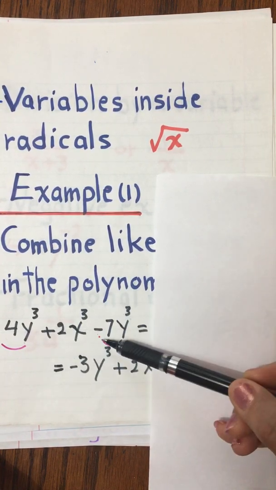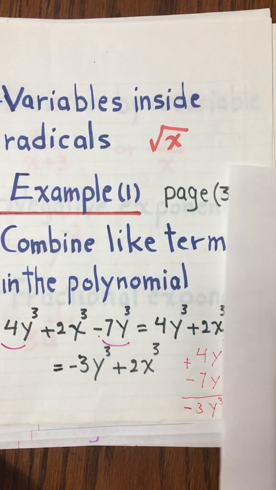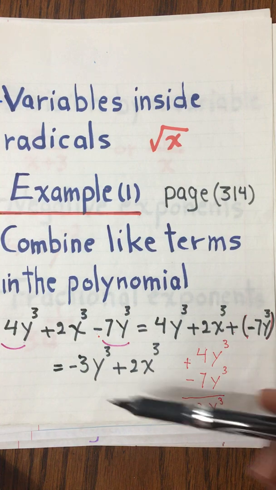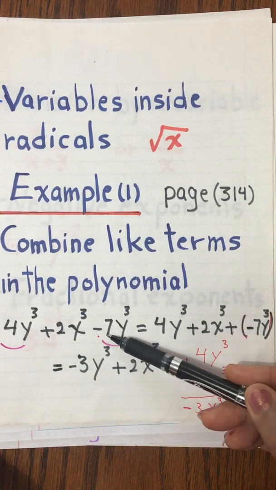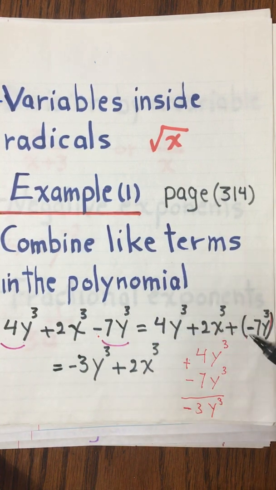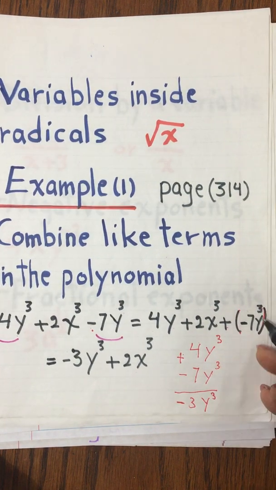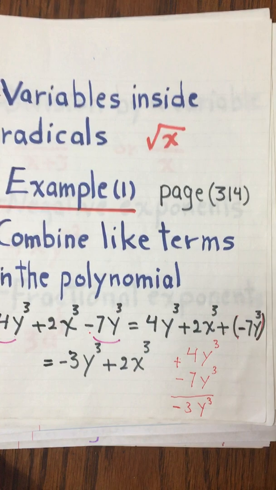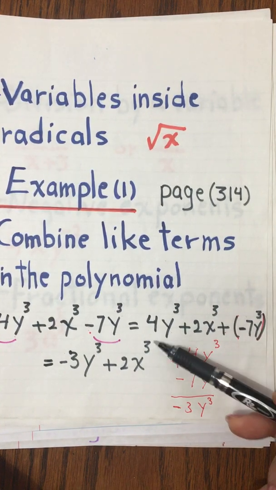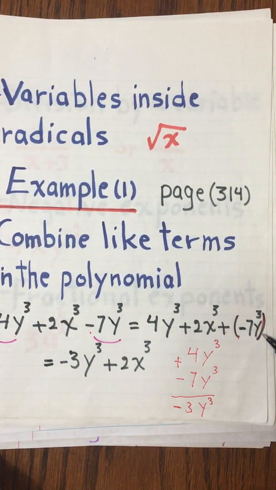So the first step, I'm going to change this negative to a positive, and the opposite of 7y cubed is negative 7y cubed. And don't forget, guys, the parentheses. So 4y to the power 3, negative 7y to the power 3.